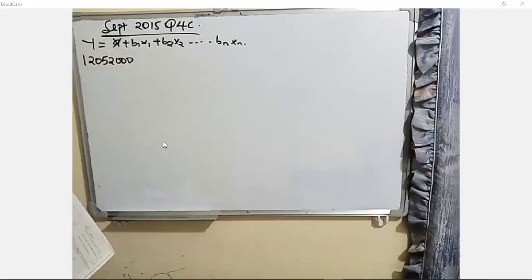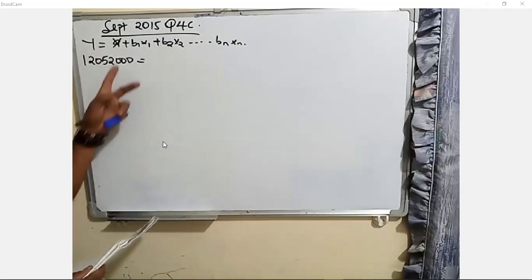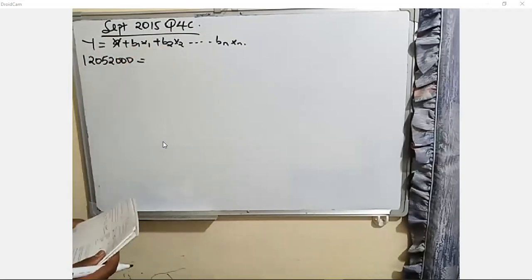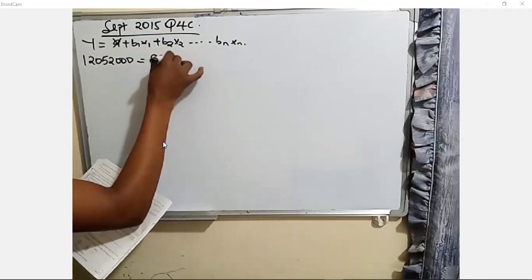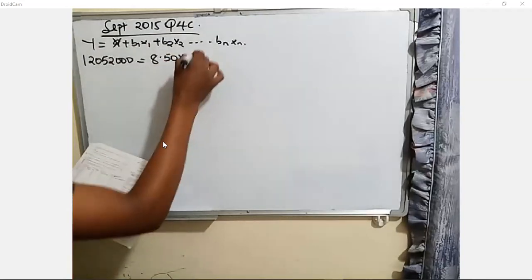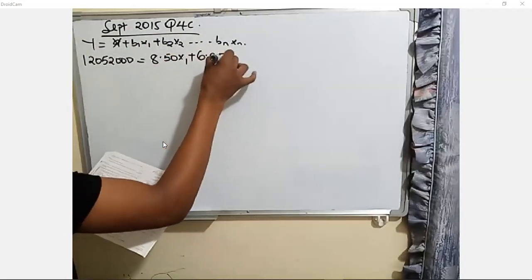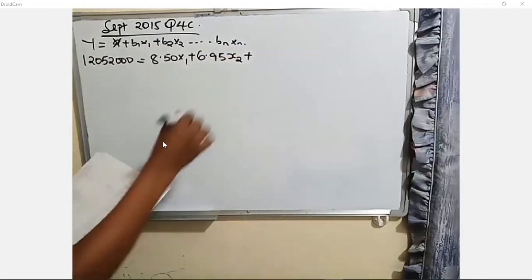12,052,000, right? We should be equal to, remember, the coefficients are given. So the first coefficient is 8.50 x1 plus 695.95 x2 plus 6.59.